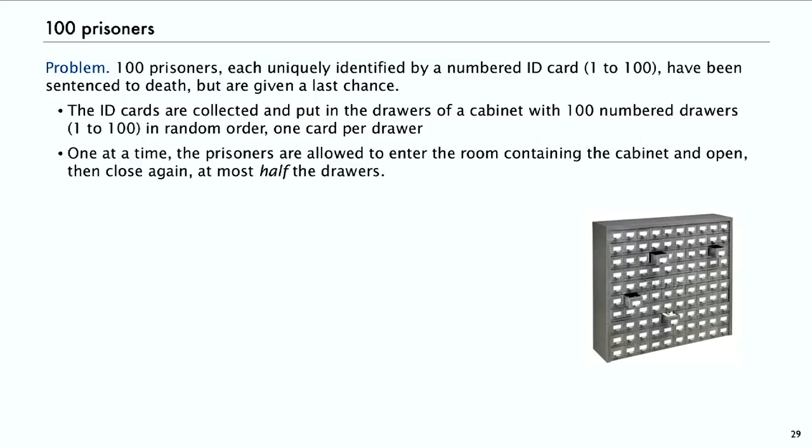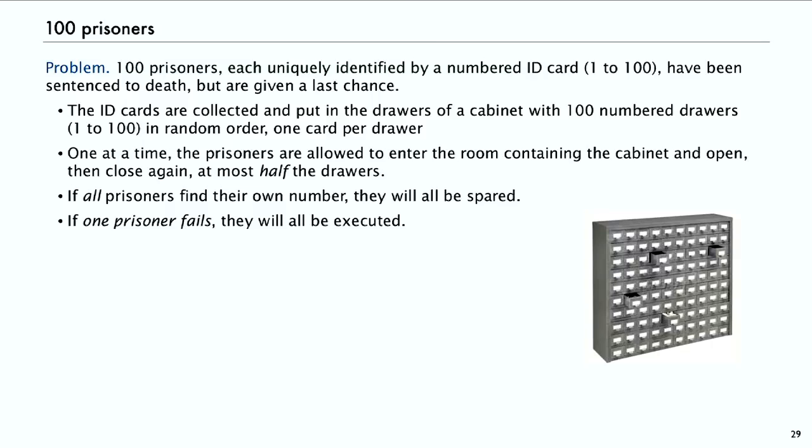Then when the prisoner comes out, they have to announce which drawer their number is in. If all of them find their own number, then they won't be executed. But they all have to find their own number. If any one of them doesn't, then they're all executed.